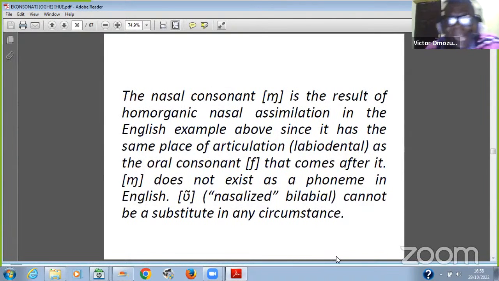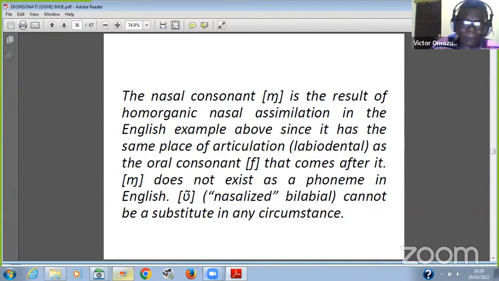The nasal consonant mi is the result of homorganic nasal assimilation in the English example above, since it has the same place of articulation. They are both labiodental sounds as the oral consonant F, that is the phi in that English word that comes after it. Mi does not exist as a phoneme in English.